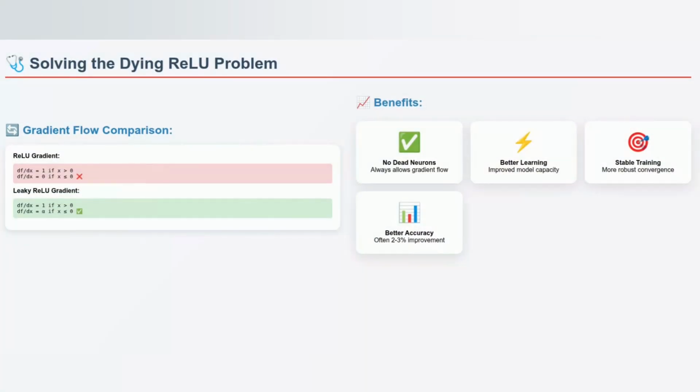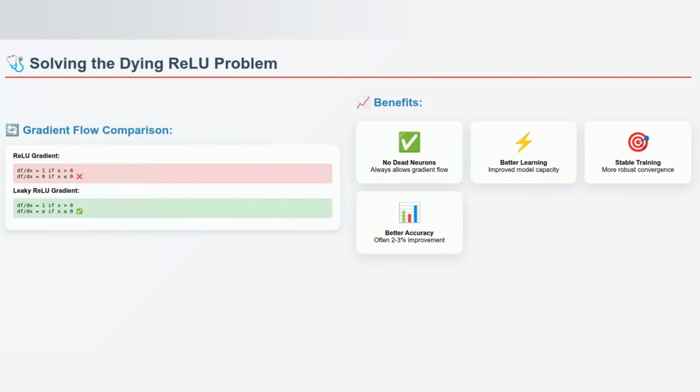Let's see Leaky ReLU in action, solving the dying ReLU problem. During training, even when inputs become negative, Leaky ReLU neurons can still learn because they maintain a small, non-zero gradient. This continuous gradient flow means no dead neurons, better gradient flow, improved learning capacity, and more stable training.